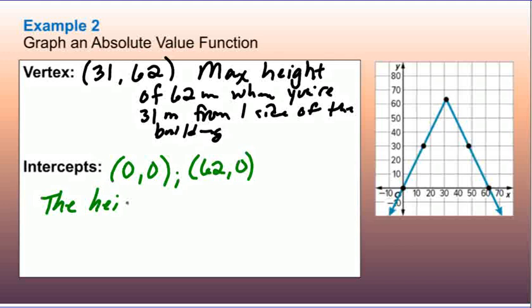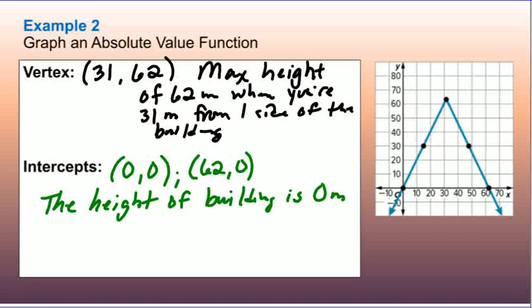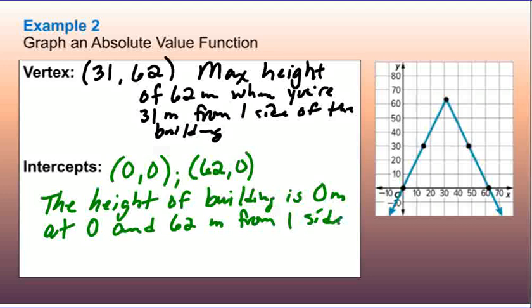So the height of the building is 0 meters at 0 and 62 meters from one side of the building. Okay, so this would be one side of the building, this is the other side of the building.